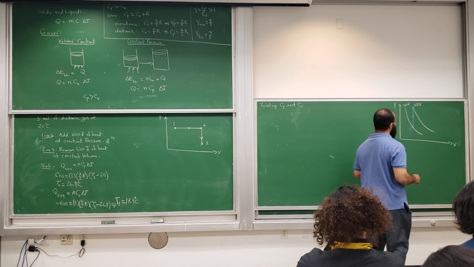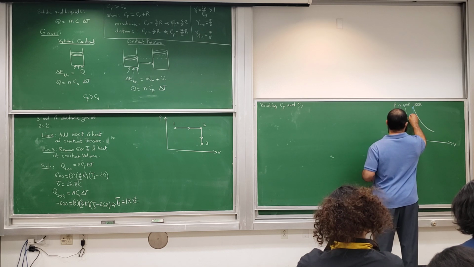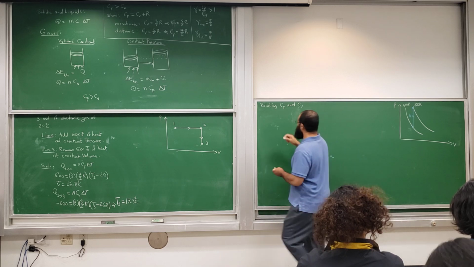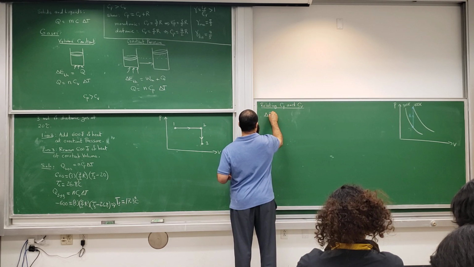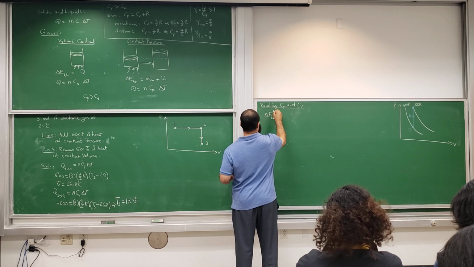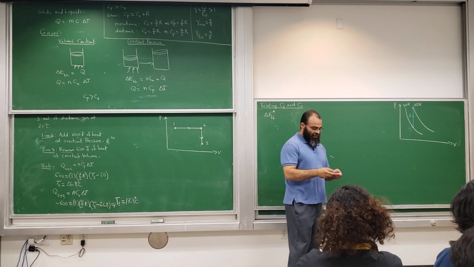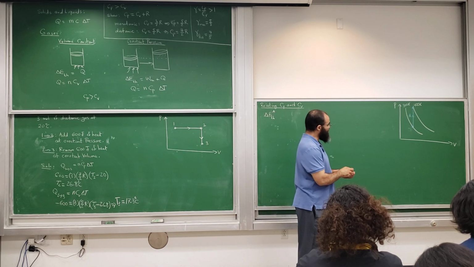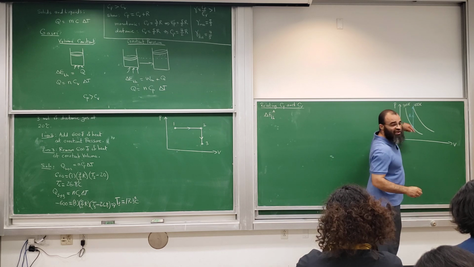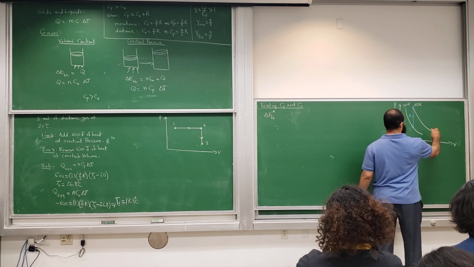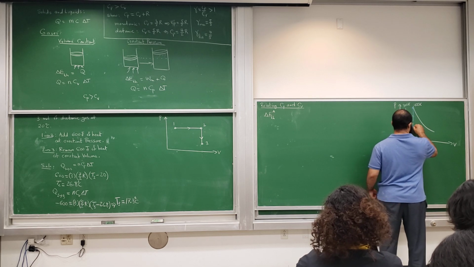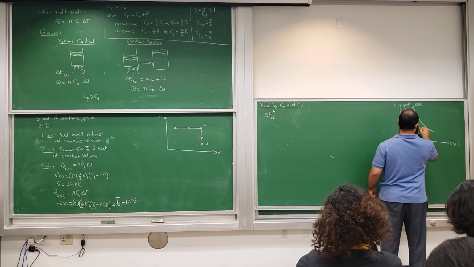This process here, let's call it process A, and I'm going to write down the change in thermal energy in process A. Process A, by the way, is isochoric, constant volume. Process B is supposed to be horizontal, so it's going to be isobaric. Here's process B.